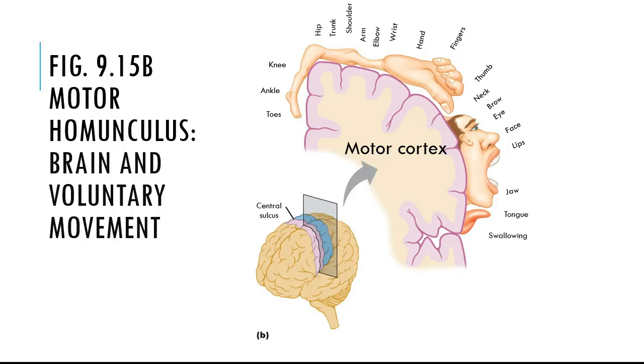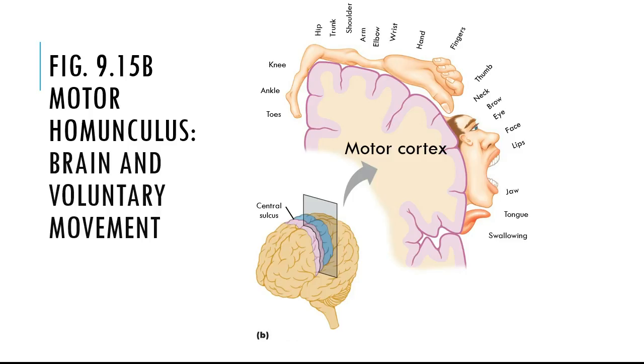If you look at the pictures associated with it, you see something looking pretty odd. This is called a homunculus, meaning little monster. It looks a little disproportionate, right? Some artist has put this together to represent the parts of the frontal lobe, the primary motor cortex, these cells dedicated to coordinating movement in specific parts of the body on the opposite side of the body.